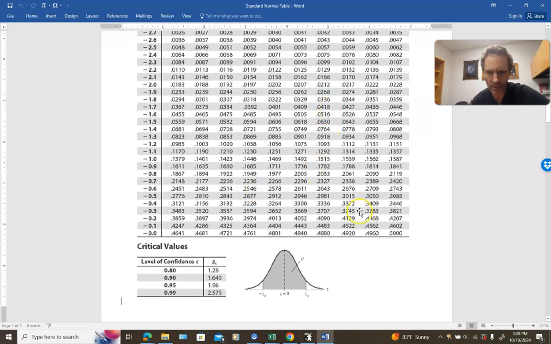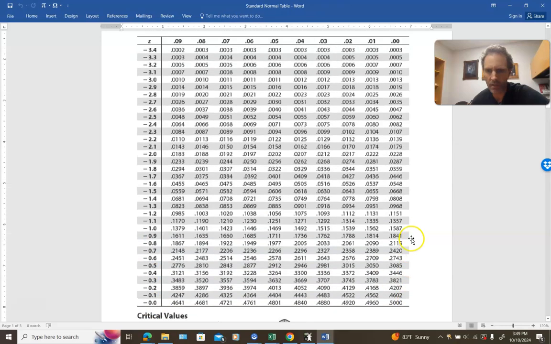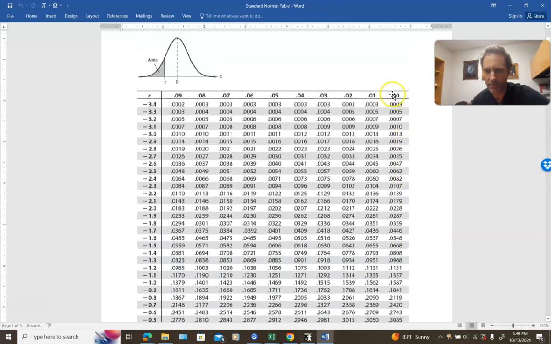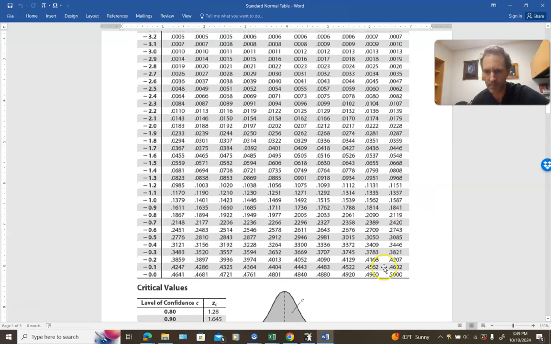Let's look and see, here's negative 0.0, and up here is 0.00, so this is the same as 0. So when z is 0, there is 50% of the area to the left, which means the other 50% of the area is to the right, which we know, because with these symmetric normal distributions, we have half to the left of the mean and the other half to the right of the mean.